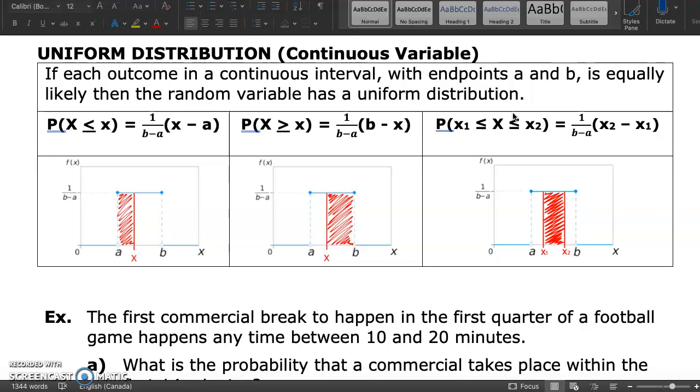It's better that you just understand this as an area of a rectangle, and the rest will follow suit. So notice that if it's less than, we're talking about a particular value, x. This is the component of the rectangle that we need, which is x minus a. This right here will always be 1 over b minus a for the height. And you can investigate that for each of these different types of intervals.